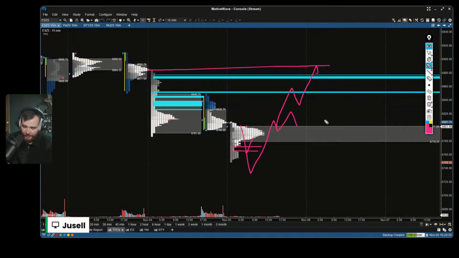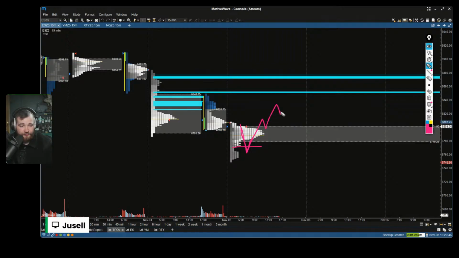But I'm looking at something like this. On my first scenario, we drop down from the open, take the previous close, and then possibly reject value to the upside. Something like this. This is scenario one, right?